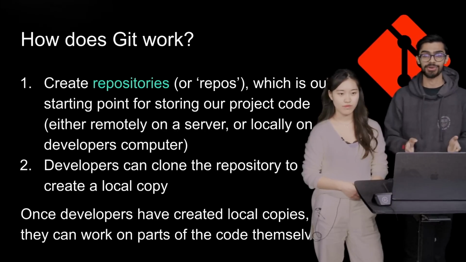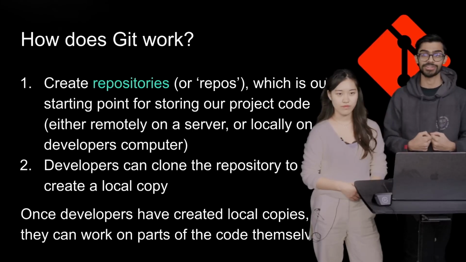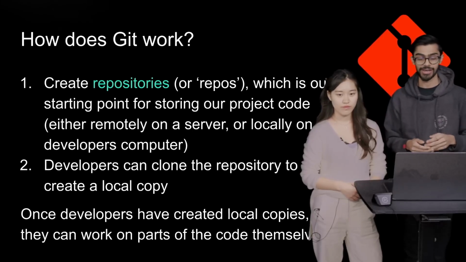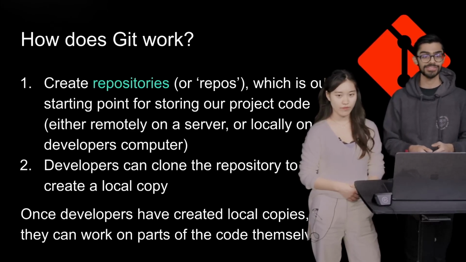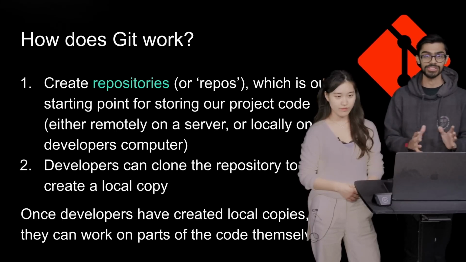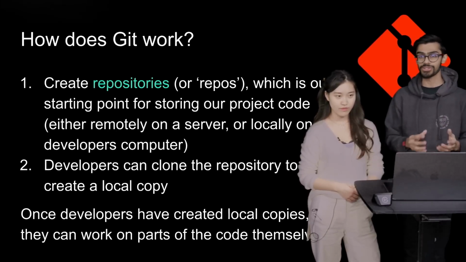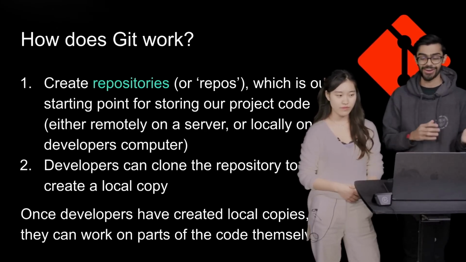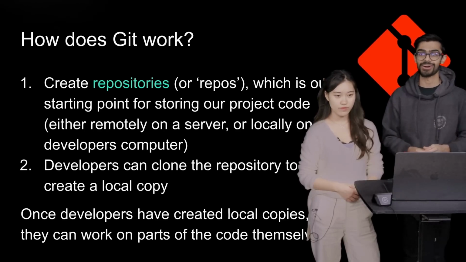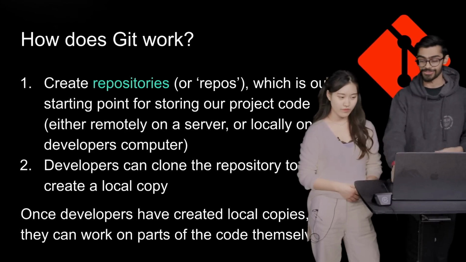And once you have that repository with your base code that you want all the developers to work on, the developers can clone this repository to create their own local copy, and work on parts of the code themselves, or work on all of the code themselves. Really, once you have a local copy, it's up to you how you want to work on things. But communication is quite important, as you'll see later, because it depends on if you're working on the same or different parts of the code, and whether or not that's going to result in a conflict, which we'll get to later.